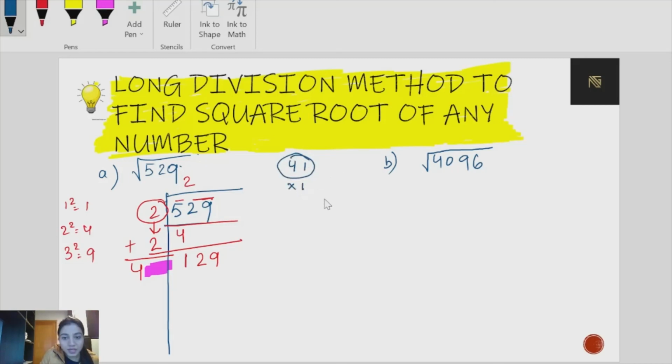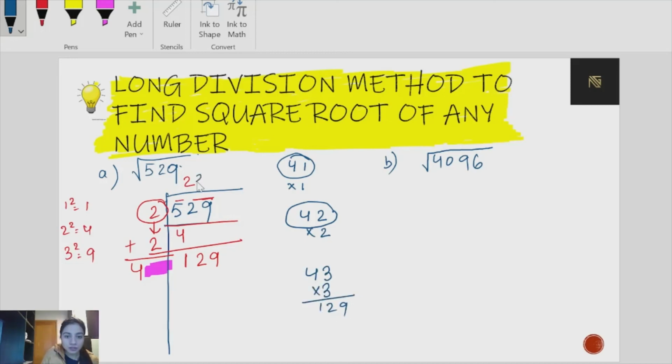Or if you are writing 2, then you have to multiply 42 with 2. And check whether we are getting any number lesser than or equal to 129 or not. So when we check 43 with 3, we are getting 129.